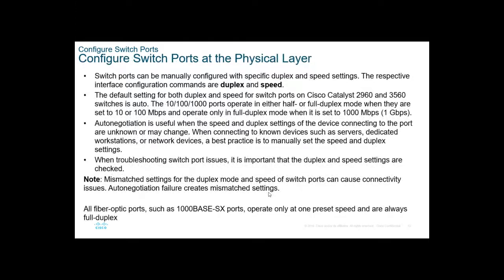So we're going to configure these switch ports. Now the electronics have gotten very good these days. When two devices are connected together, they will automatically pick the highest possible speed of communication and whether you can go half duplex or full duplex. You can override those with the duplex and speed commands. Maybe if you're using an older switch, or you're using a Cisco switch at one end of the link and another manufacturer's switch on the other end, you might need to manually configure these.